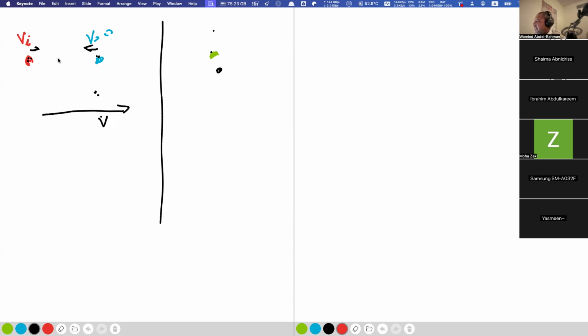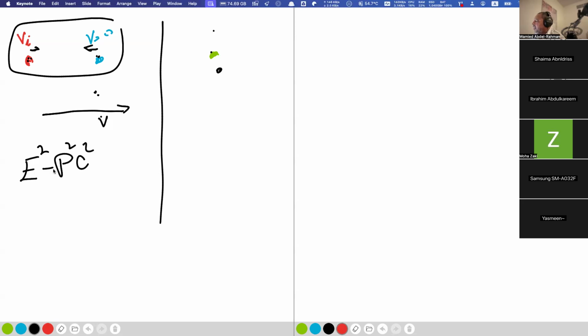The nice thing is that if we calculate this quantity, E squared minus (PC) squared, for any system, this quantity does not depend on the observer. So if someone is stationary and is calculating this quantity, and someone else is moving with a certain velocity and calculates this quantity, they will get exactly the same value.